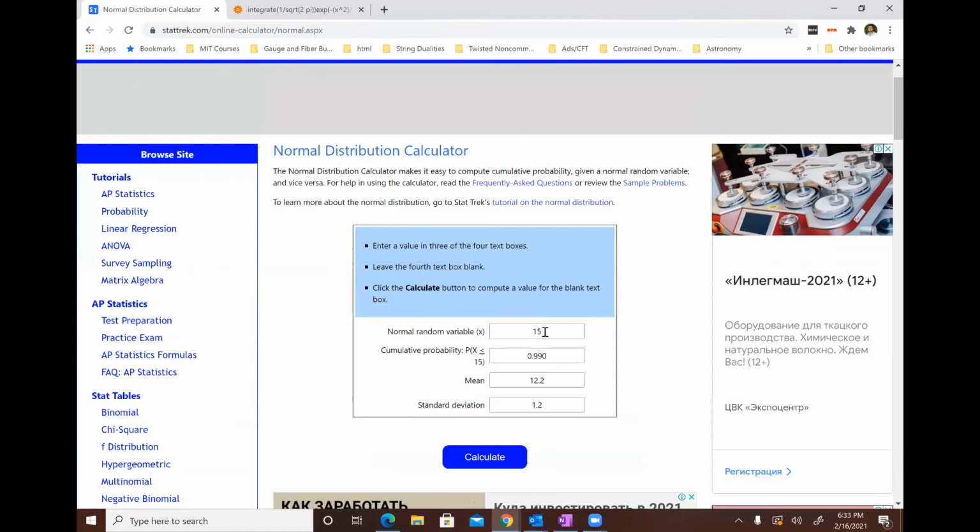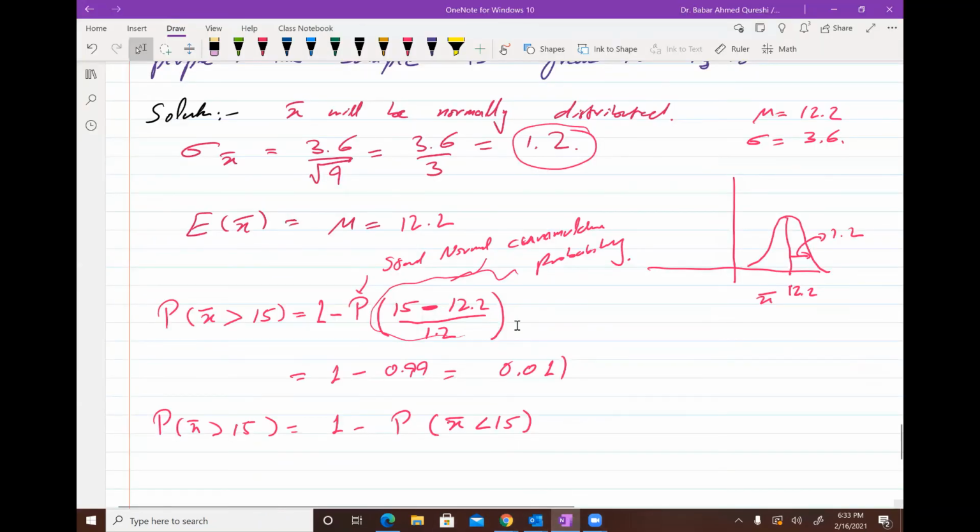So in our case, we are looking for 15. So I put that here and I calculate. If you want to do it using the standard normal, then I have to put 0 here, 1 here. But here I have to compute the number for 15 using this.